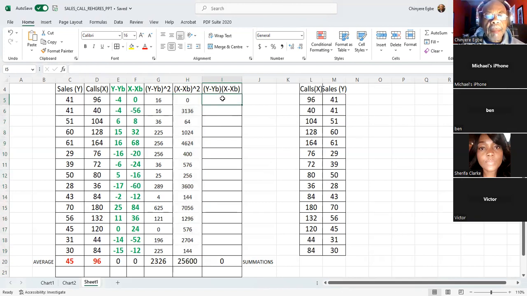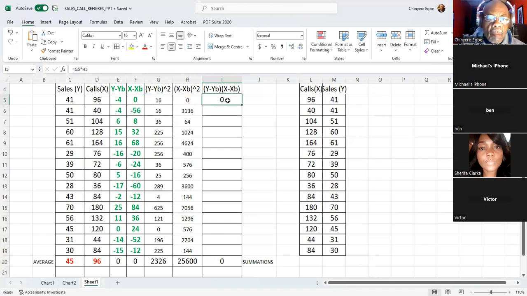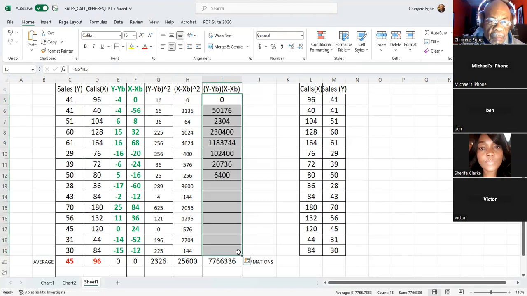And then you also multiply Y minus Y bar times X minus X bar. So that will be equals G5 times H5. You multiply, you drag it down, and so this is what you get.